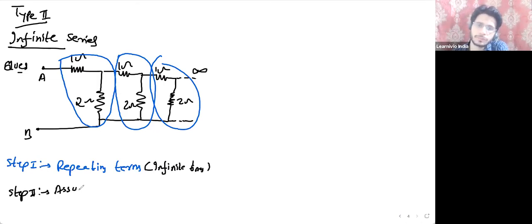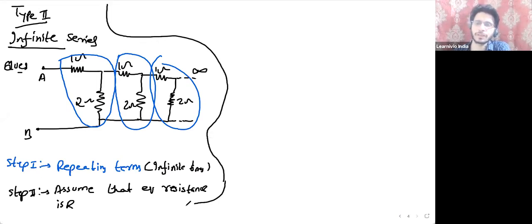Assume that the equivalent resistance is R. Now you can assume that the equivalent resistance of the circuit is R. That's the equivalent resistance. So what we can do is assume the equivalent resistance of the entire circuit as R.